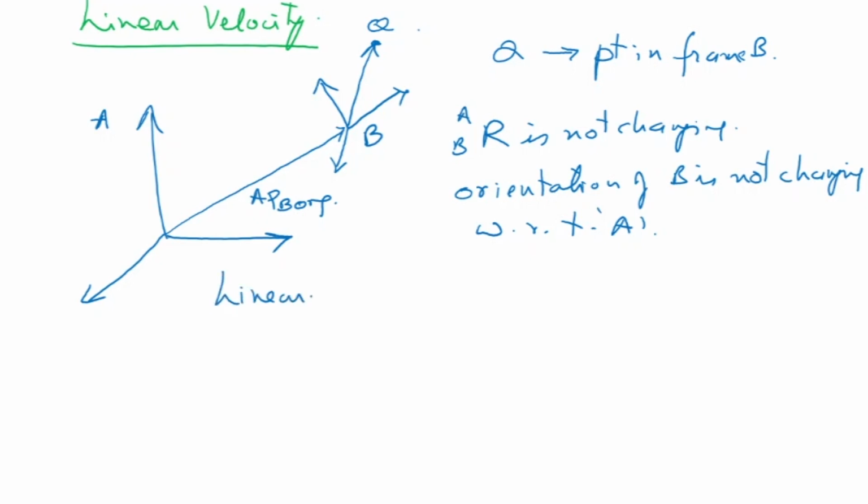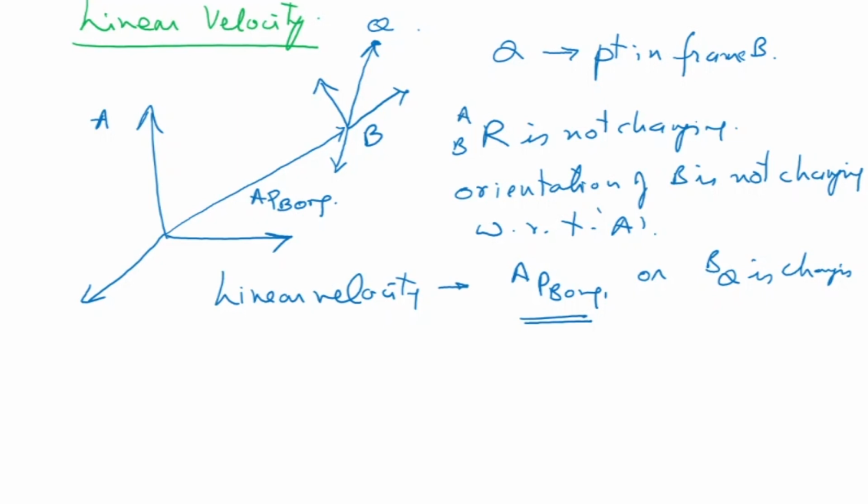Here, the linear velocity can be because of APB ORG changing. So the frame B is moving. So linear velocity can be because of change of APB ORG, or BQ is changing. Okay, that means the point Q in B is having a velocity in frame B. Or the distance between the origins of frame A and frame B is changing. So it can be because of this, or it can be because of that. It can be because of both of them also.